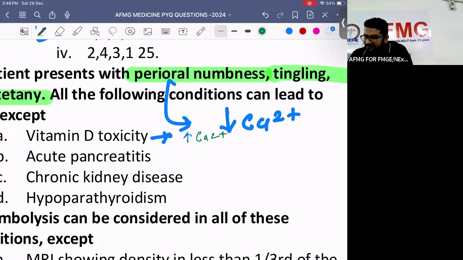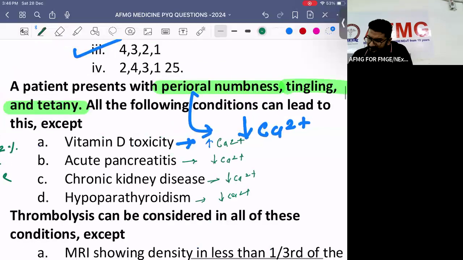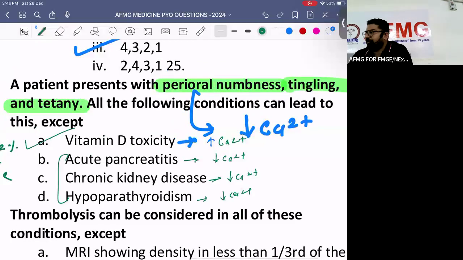Acute pancreatitis can sometimes consume calcium, so patient can have hypocalcemia. CKD patient will have secondary hyperparathyroidism. So again, there can be hypocalcemia. And hypoparathyroidism will have less PTH. So again, there will be hypocalcemia. So answer for this will be vitamin D toxicity. Vitamin D toxicity में क्या होगा? Hypercalcemia.